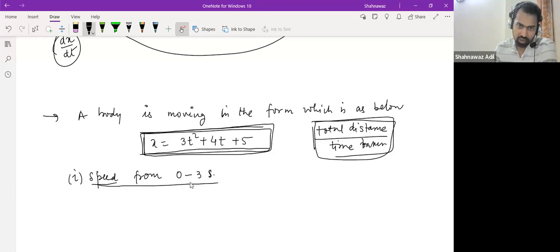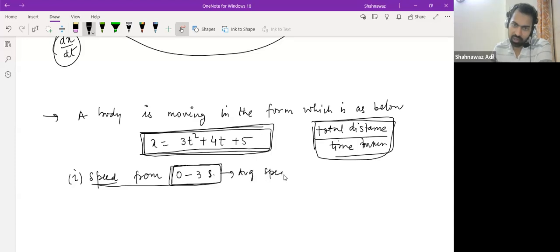I am given some journey. So if I am given this, what should I calculate, instantaneous or average? Average speed. So in this case, I need to calculate the average speed.